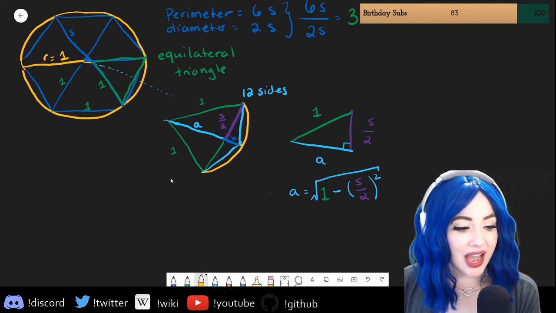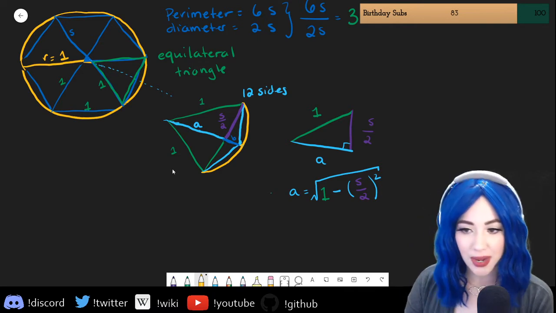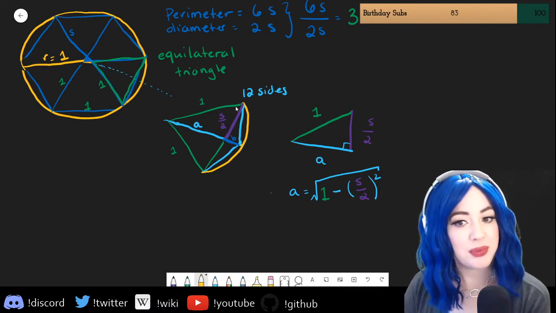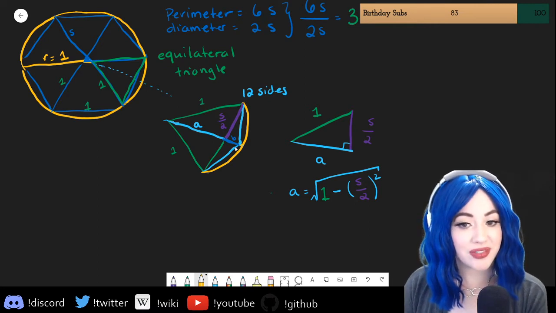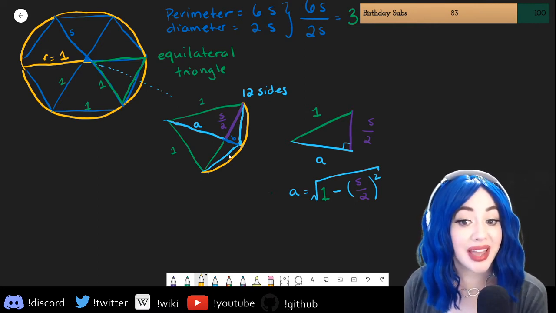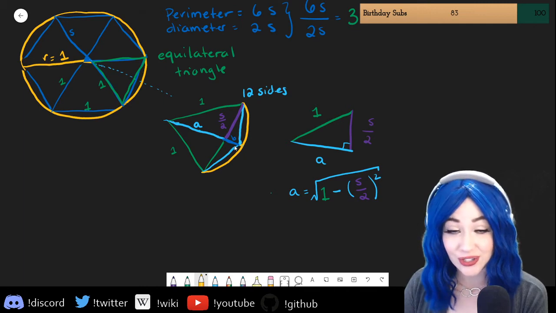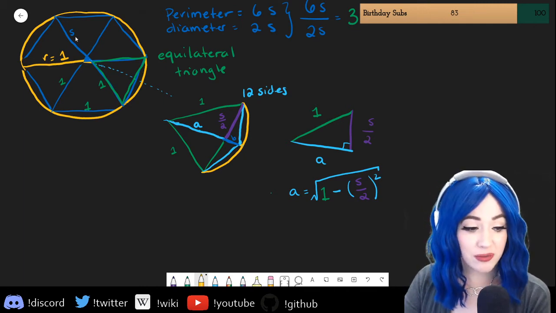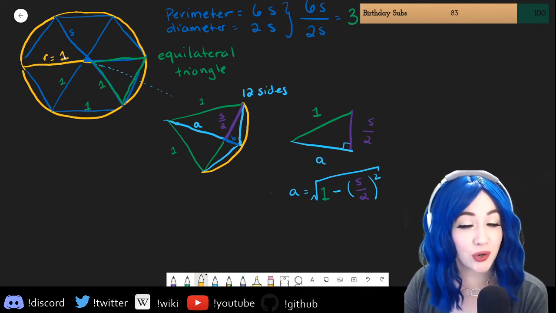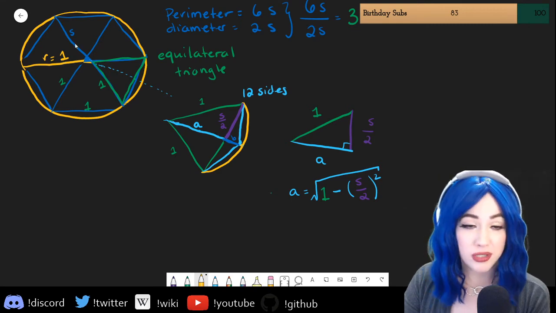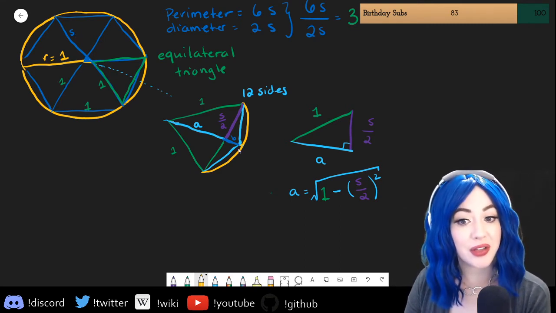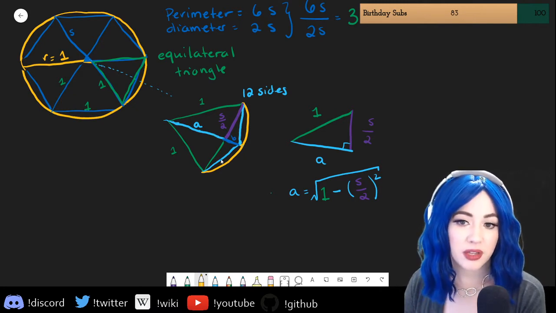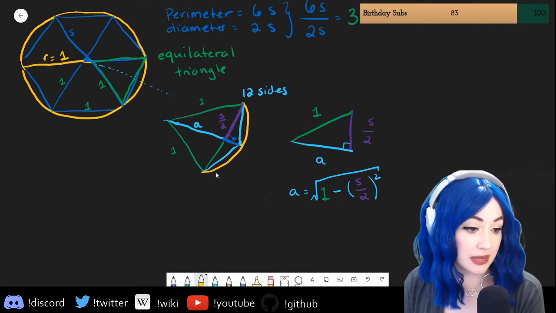There's a reason why I'm continually saying S, because as we increase the number of sides, the length of these sides is going to change. And so we need to distinguish between the radius of our circle, which is 1, also the side value for our hexagon, and the side value of future shapes.